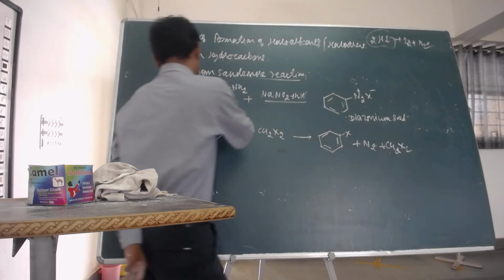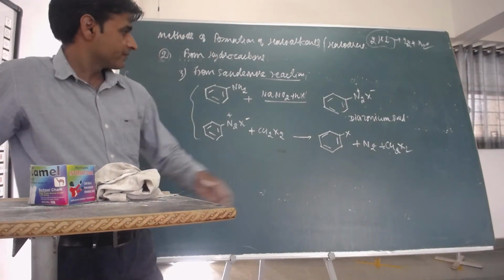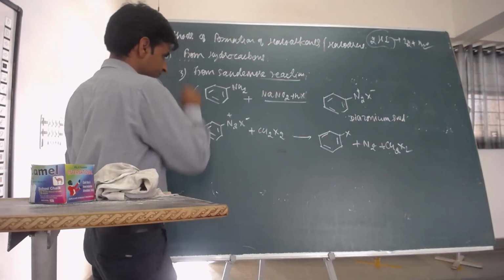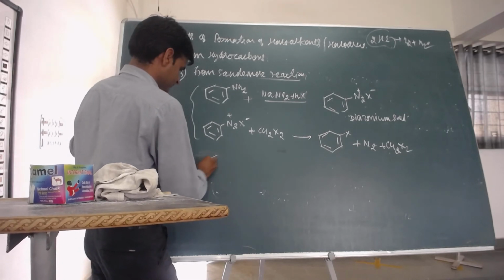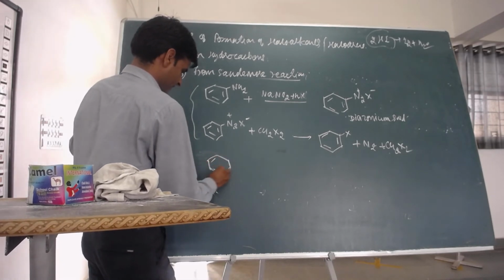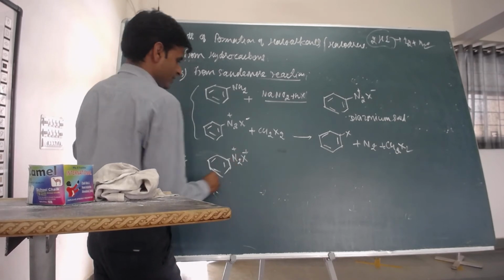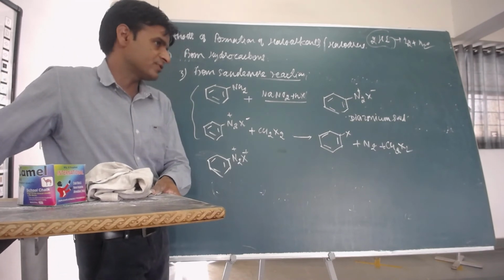Okay? So we can say that from the Sandmeyer reaction we can obtain the haloarenes. But in the case of iodine, we do not react cuprous halide with the benzene diazonium salt.